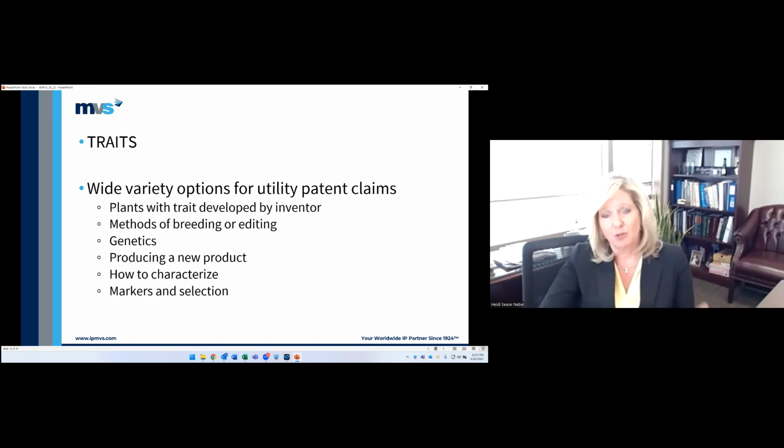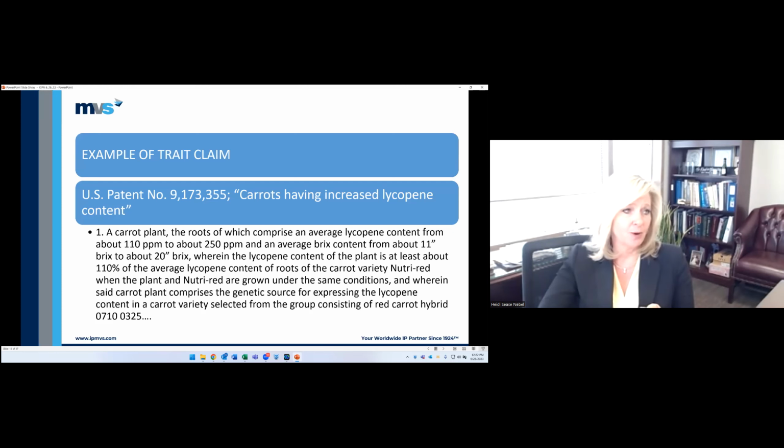So things like mutation breeding, where we intentionally introduce a mutation, are ways that we get patents to traits. Also, what a lot of people are doing right now is looking for exotic sources of germplasm that might have a trait, but in a background that is not economically viable for commercial production.